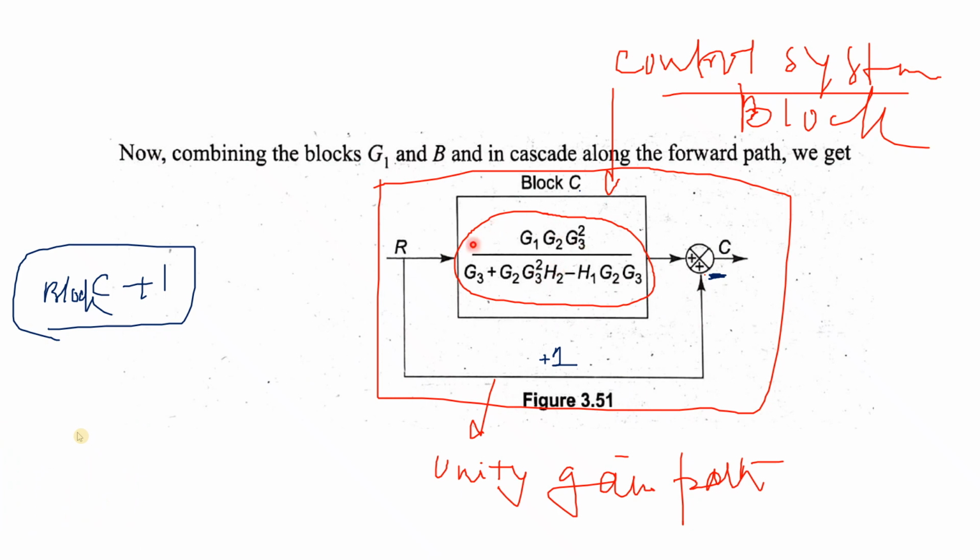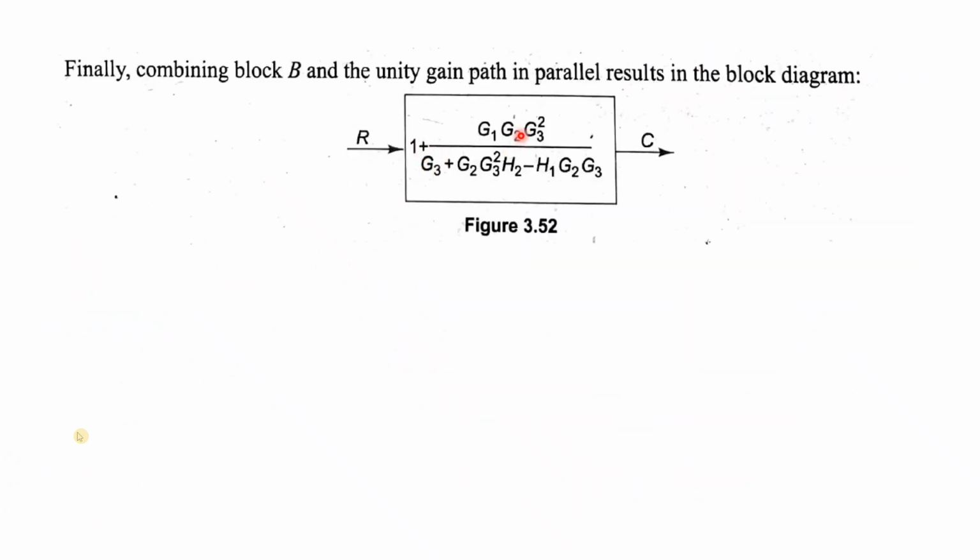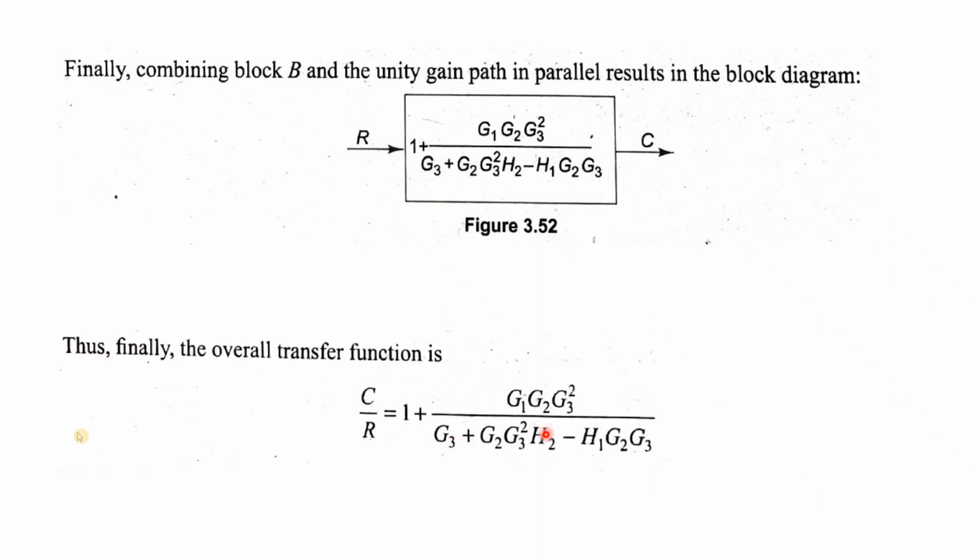So it is a negative gain, not a negative feedback. So in this case it will be block C minus 1, so we will write this entire thing minus 1. Over here we have plus, so it is written like this. So the overall transfer function will be this one. This is the overall transfer function, C by R. Understood?